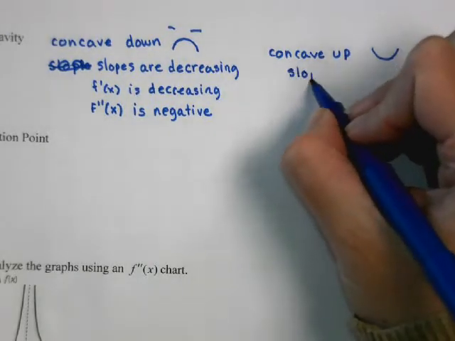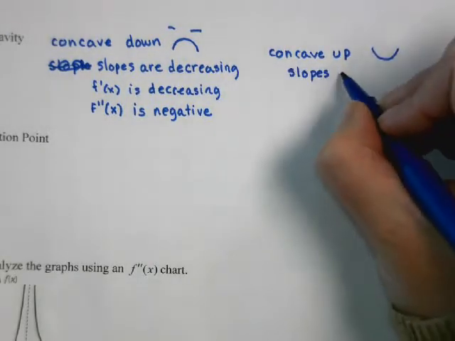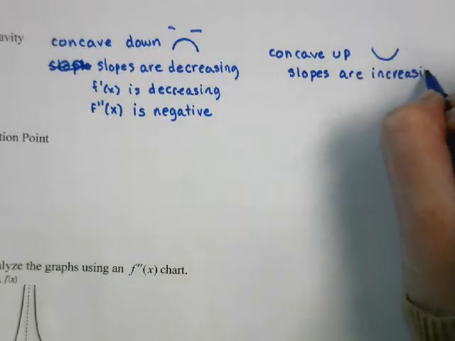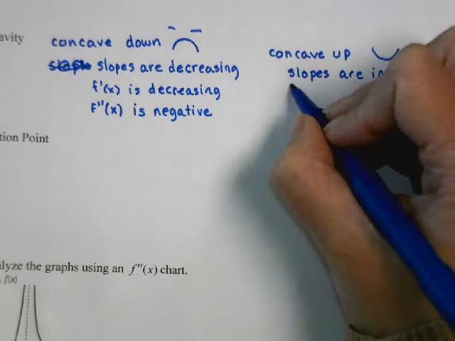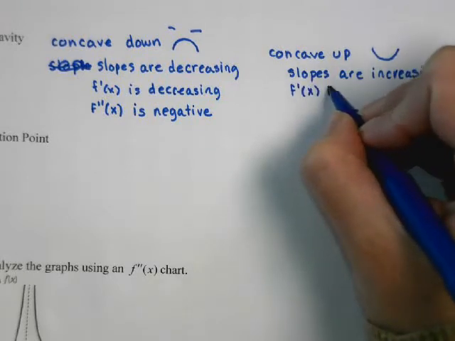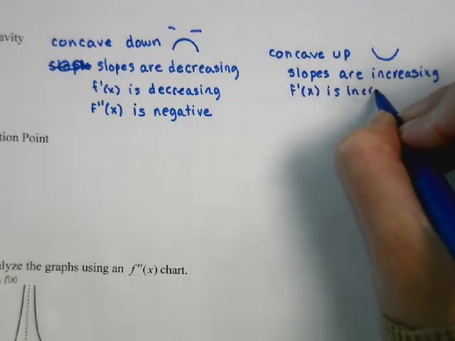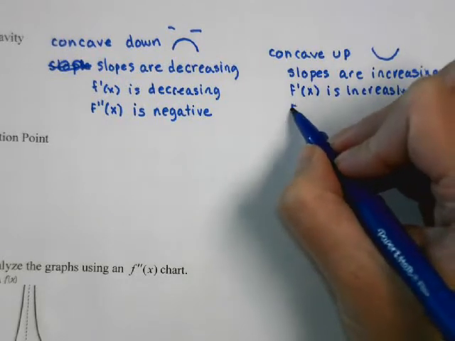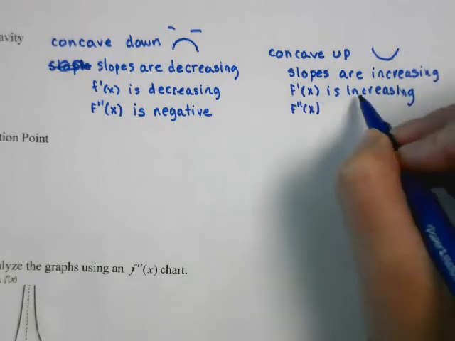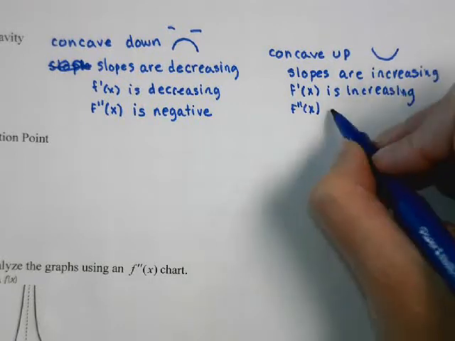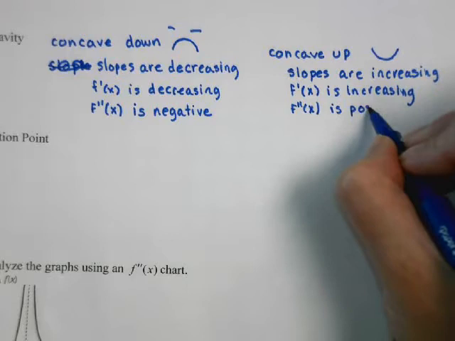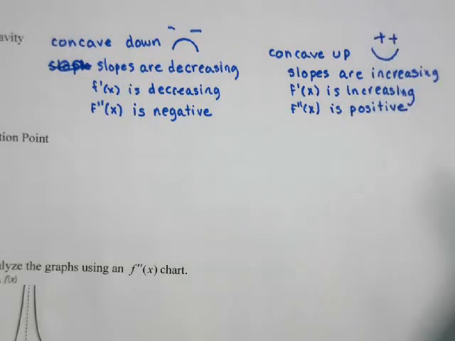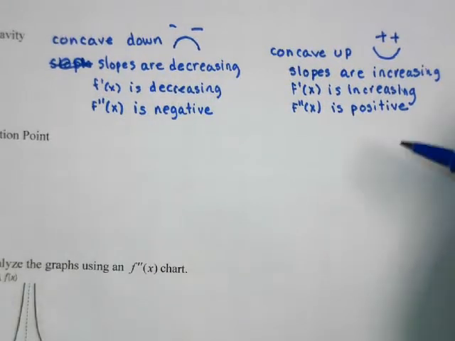So here the slopes are increasing, which means f prime is increasing, which means f double prime, if this is increasing, its derivative is positive. So we'll say positive for concave up.